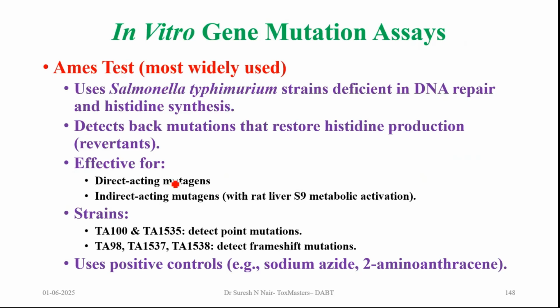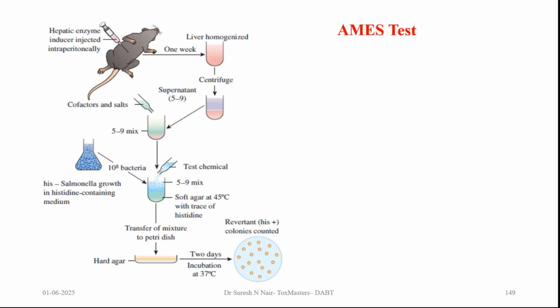Then in vitro gene mutation assays, the classical example is the Ames test that all of you will be knowing. The Ames test, I have given in detail about this test. So what we do is we inject the inducers of the hepatocellular, that means the liver enzymes. After 1 week, the liver will be collected, homogenized, centrifuged, and the supernatant, the S9 fraction will be collected, and it will be mixed with the bacteria and the test chemical. So what happens is that when we add the test chemical into this, the pro-carcinogen will be converted to the carcinogen, and then we add the bacteria, do the regular Ames test.